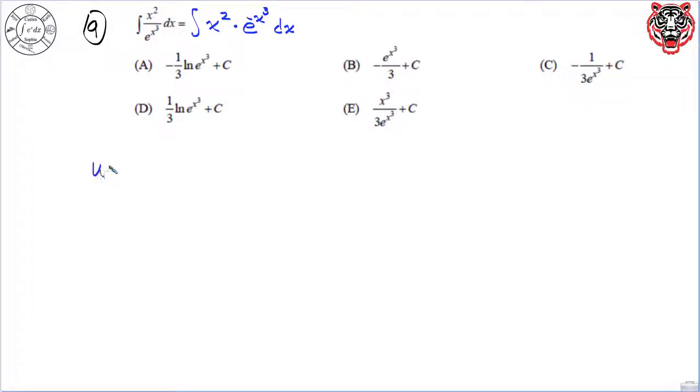So we need a U for taxman, we need the taxman, and we need the derivative of U. So our U is our negative x cubed. Our taxman, that's a guy knocking at the front door. He's our x squared. And the derivative of U is a negative 3x squared.